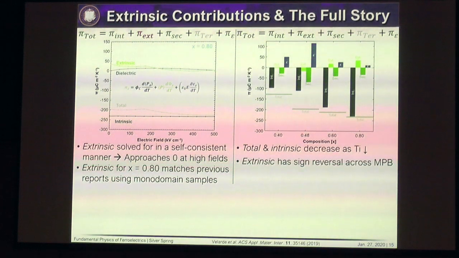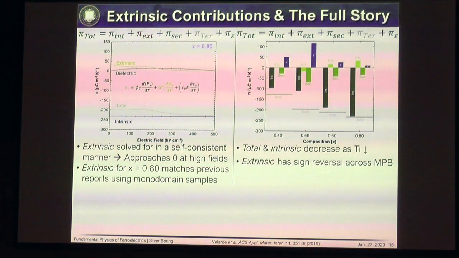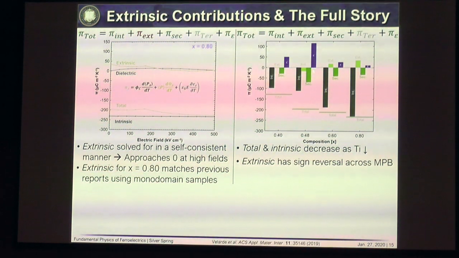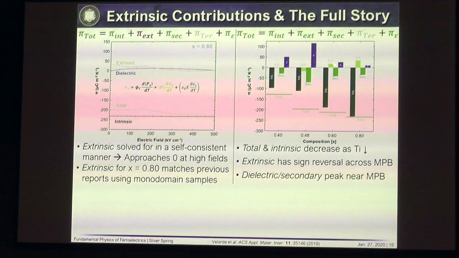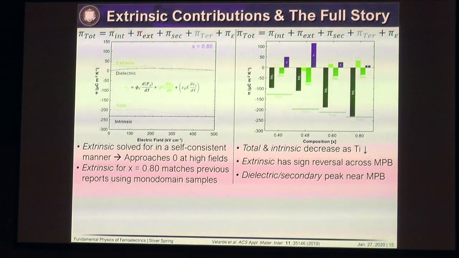The extrinsic contribution has a sign reversal, okay? It changes sign. It goes from being positive at these compositions to being negative at these compositions as you cross the MPB. And the dielectric and the secondary peaks are maximized close to the MPB, where you have the largest dielectric and piezoelectric responses in these materials.